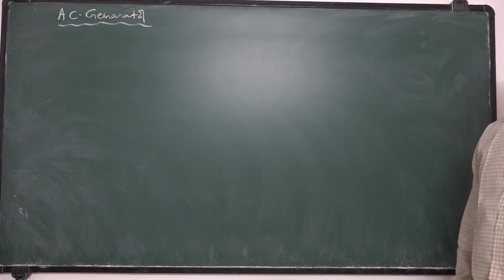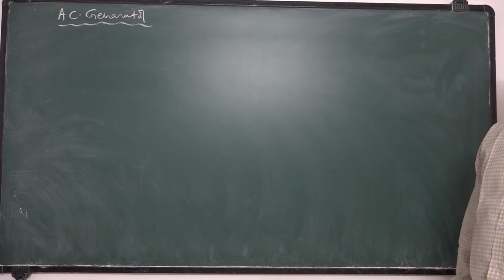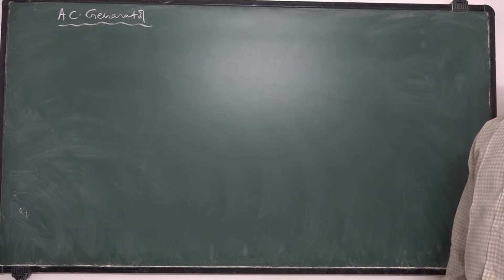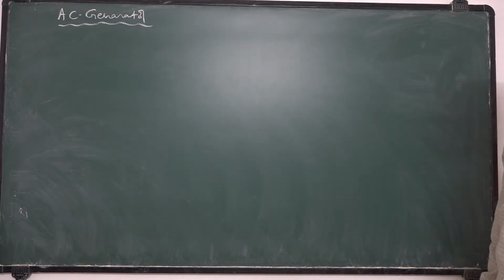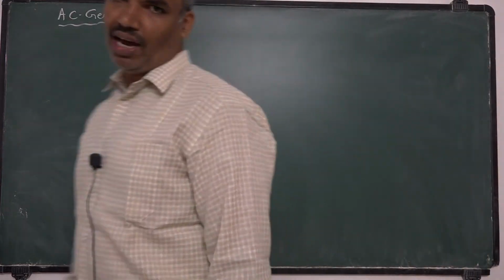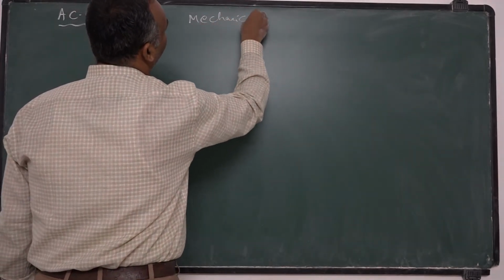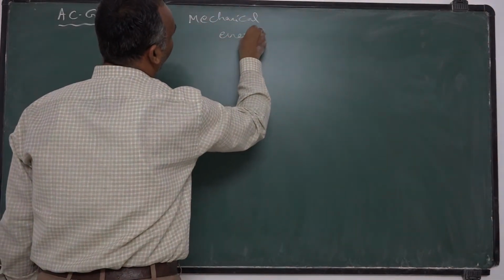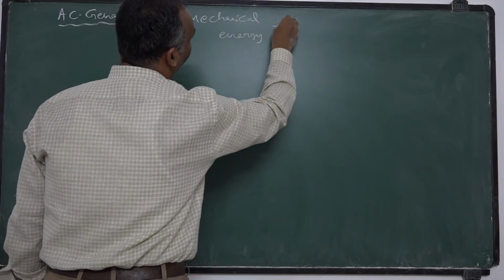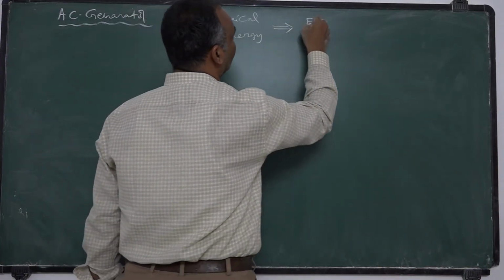Here, mechanical energy is being converted into electrical energy, and that electrical energy is in the form of AC. That means an AC generator is a device which converts mechanical energy into electrical energy.